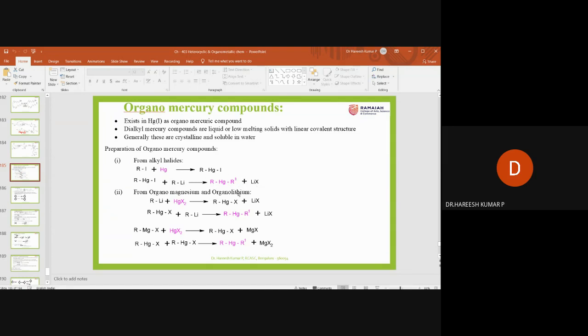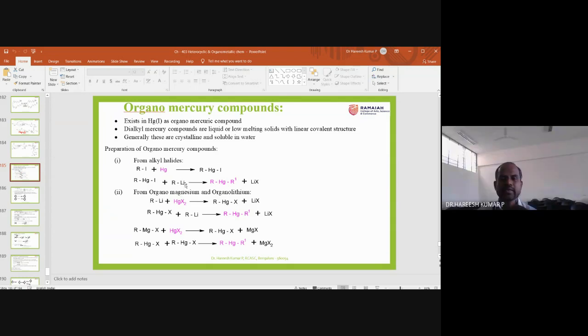Maybe by an isolation process, this can be isolated. So one method of preparation of dialkyl mercury is by the reaction of alkyl iodide with mercury. The obtained alkyl mercuric iodide, when it is treated with organolithium, alkyl lithium, leads to the formation of dialkyl mercury. This is the one method.